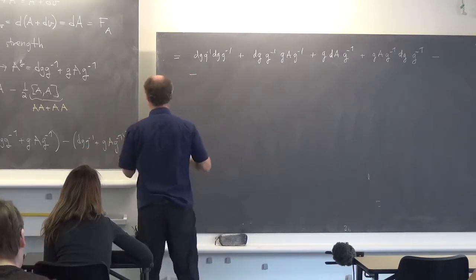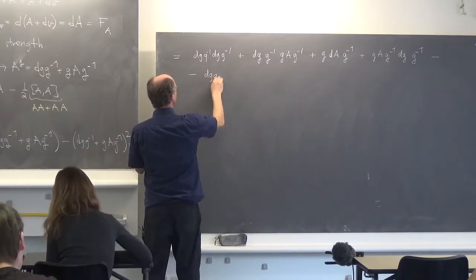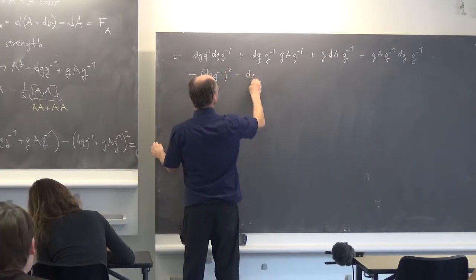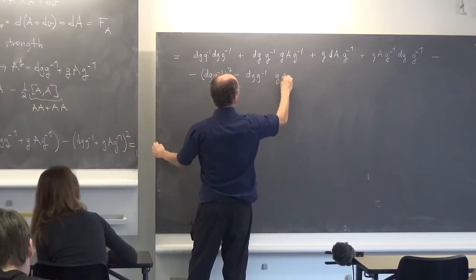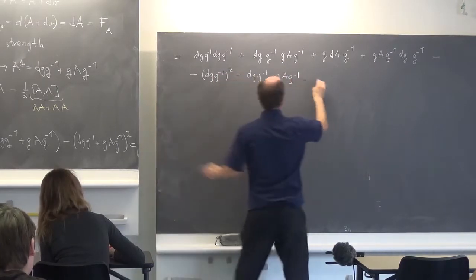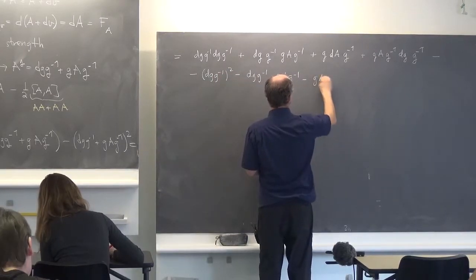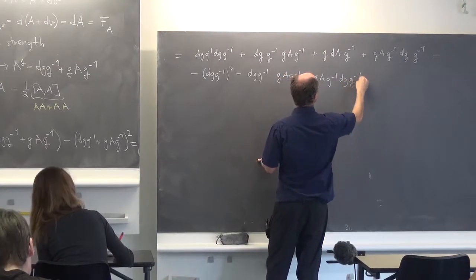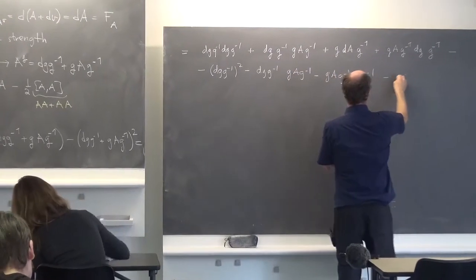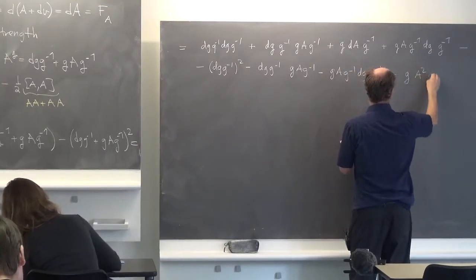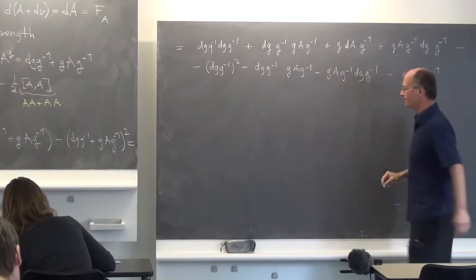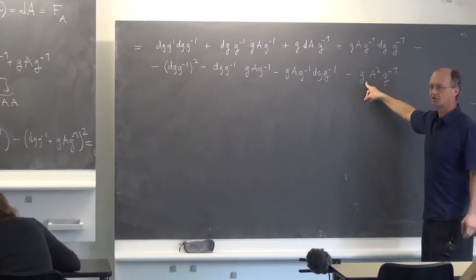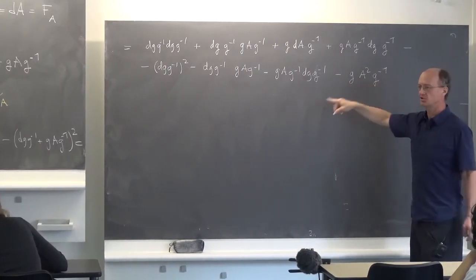So minus this thing, which is (dg g^-1) squared, minus dg g^-1 g A g^-1, minus g A g^-1 dg g^-1, and minus g A squared g^-1. Just a small test question how this thing came about. There were many g's.